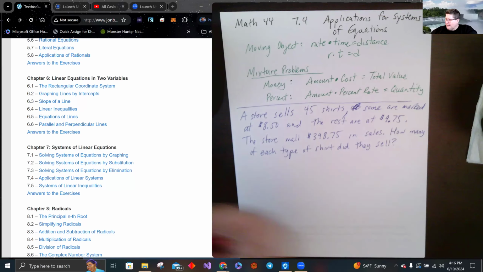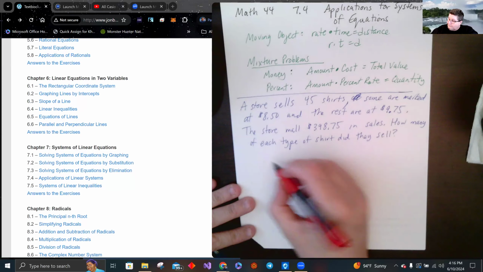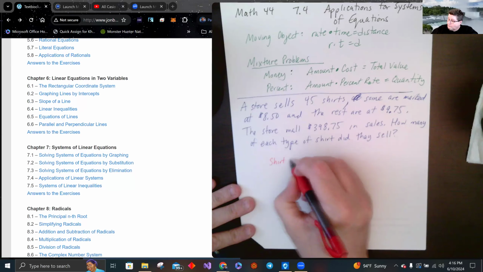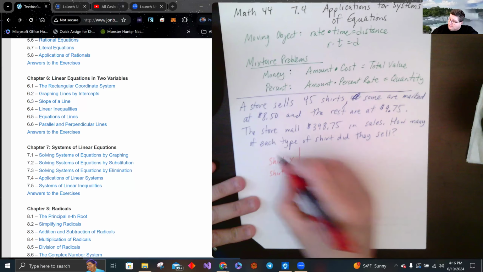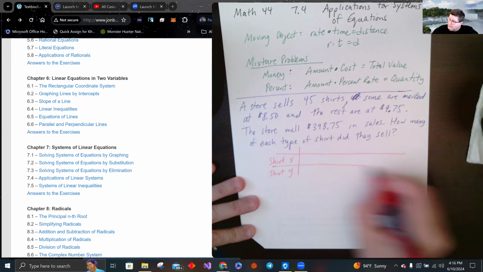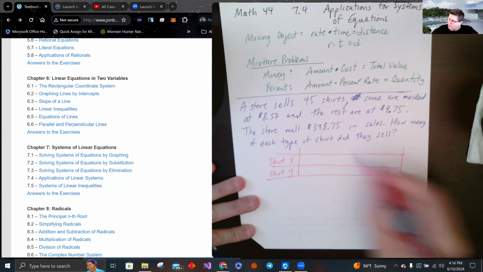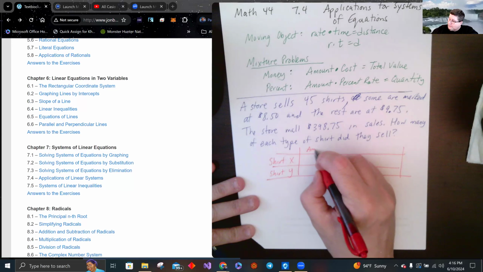So let's call them shirt X and shirt Y. And the letter will be how many they sold.